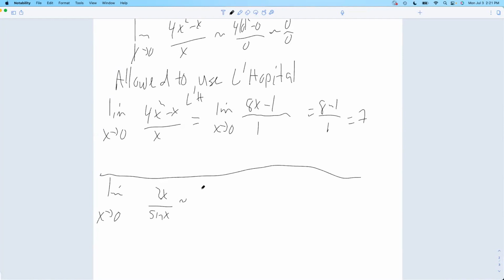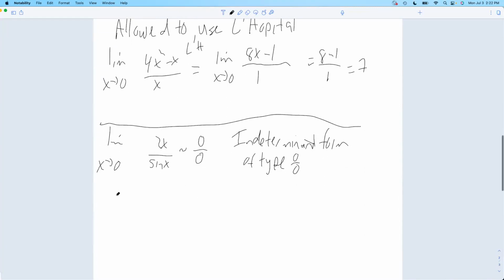Plug in a 0 on top, we get 0. 2 times 0 is 0. Sine of 0 is 0. So I have an indeterminate form of type 0 over 0. I'm allowed to try L'Hopital's.